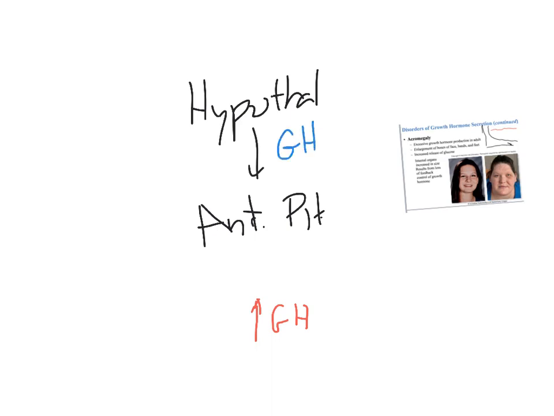Growth hormone releasing hormone, which targets the anterior pituitary to produce growth hormone. And then we have this other one over here, growth inhibiting hormone, that helps stop that release.